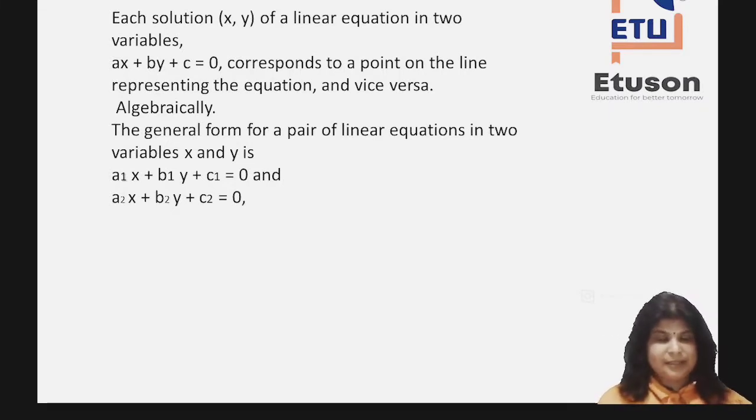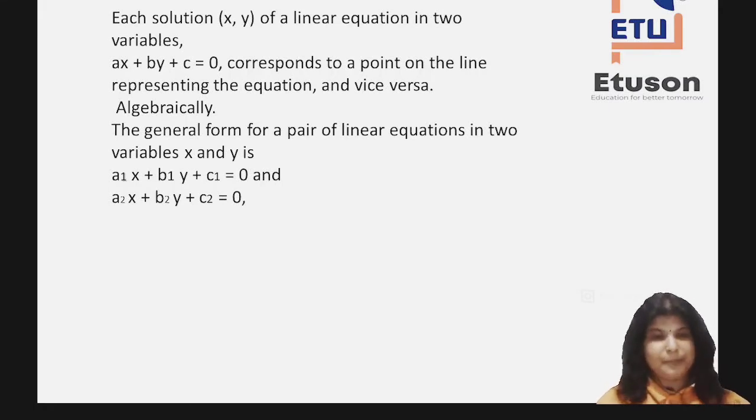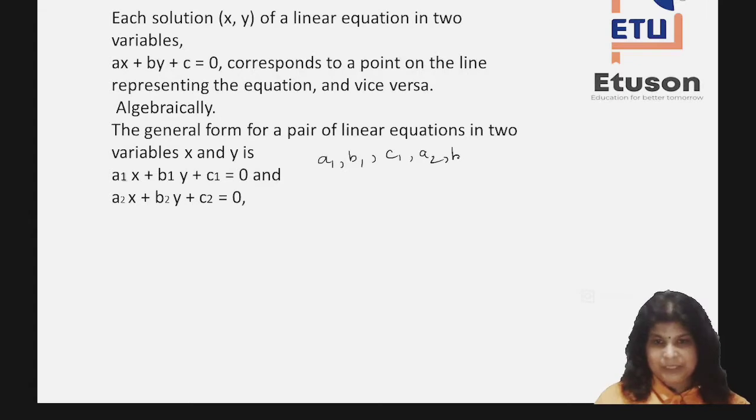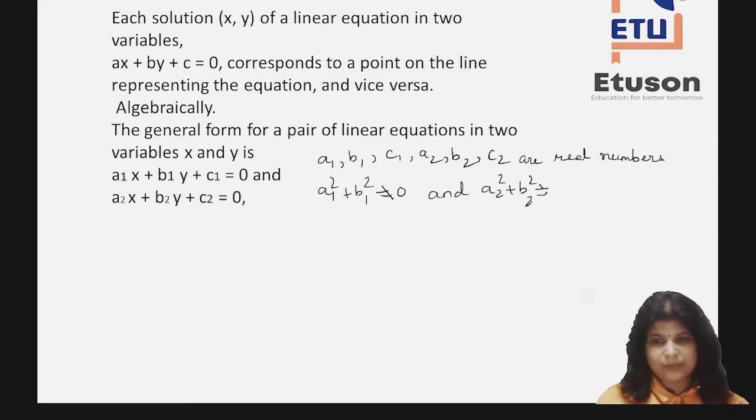Algebraically, the general form for a pair of linear equations in two variables x and y is a1x plus b1y plus c1 equal to 0, and a2x plus b2y plus c2 equal to 0, where a1, b1, c1, a2, b2, c2 are real numbers, and also a1 square plus b1 square is not equal to 0, and a2 square plus b2 square is not equal to 0.